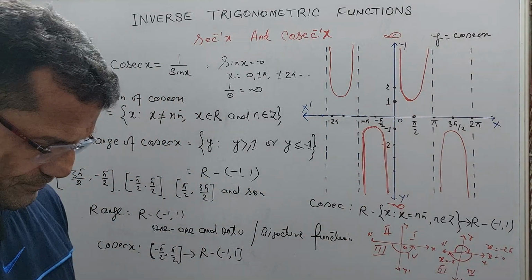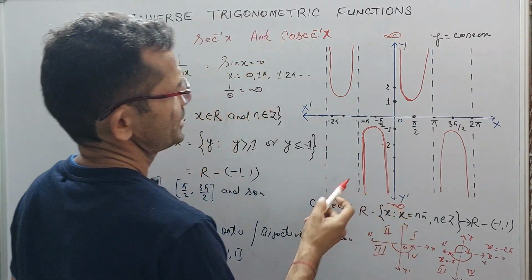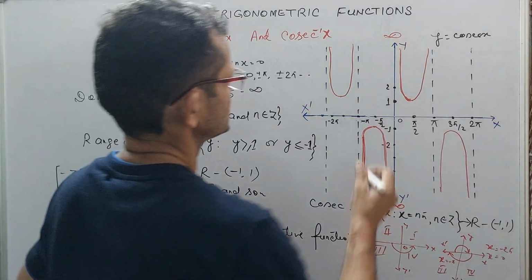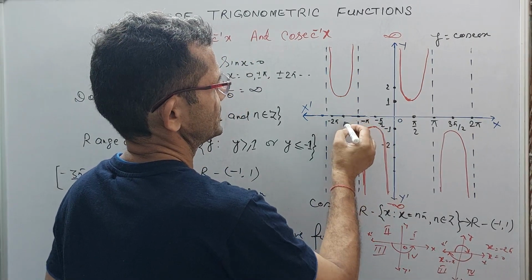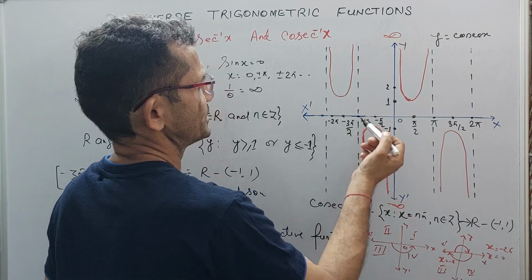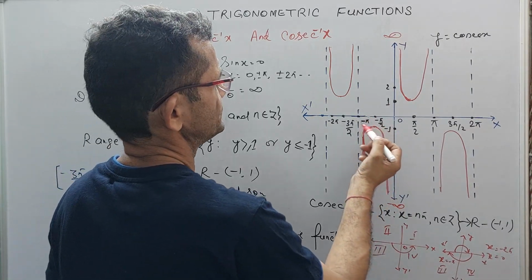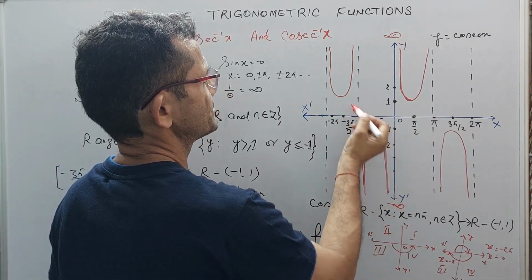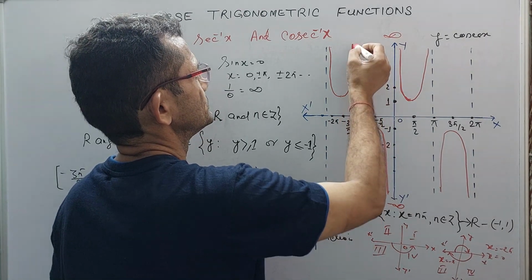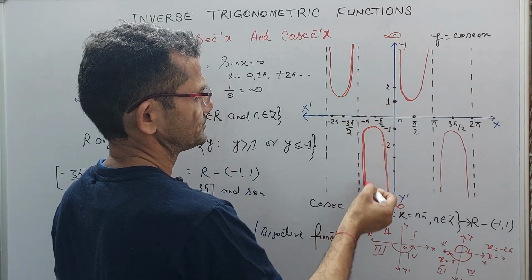In this way, if you consider other branches also, this is our -3π/2. If I consider the range from -3π/2 to -π/2, it means from here to here, this portion, and this portion also.